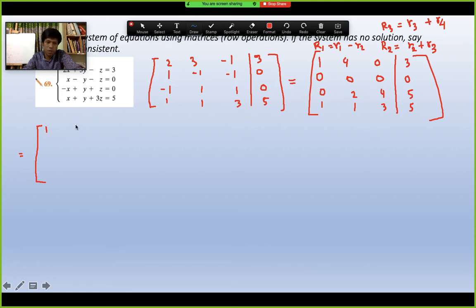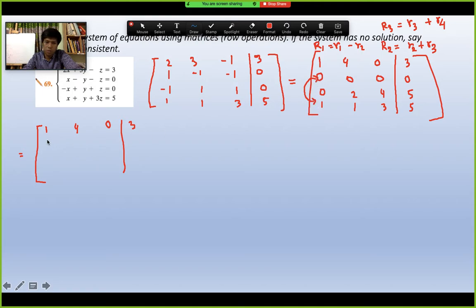So 1 4 0 3, we have this. Let's interchange these two rows.